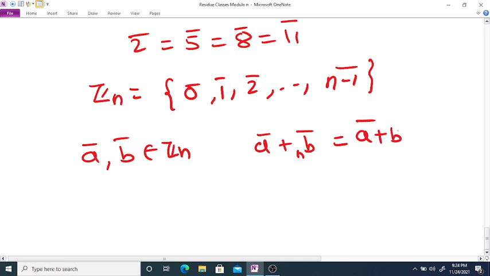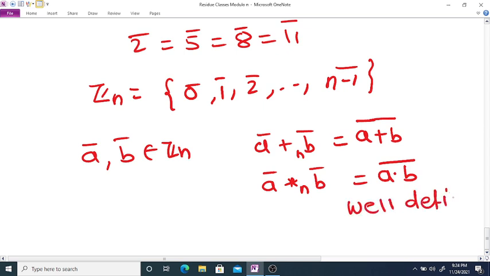A bar plus B bar is equal to A plus B bar modulo n, and A bar multiplication modulo n B bar is equal to AB bar. This relation is well defined.